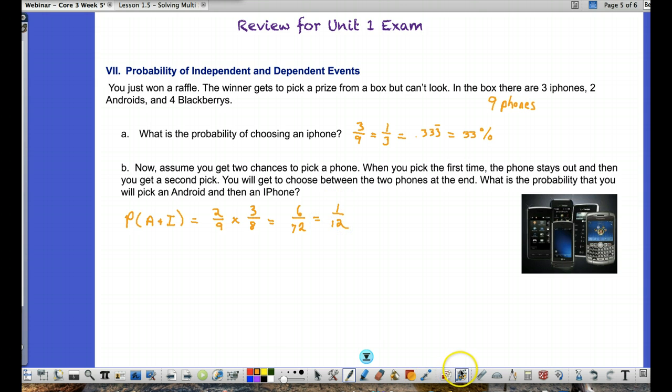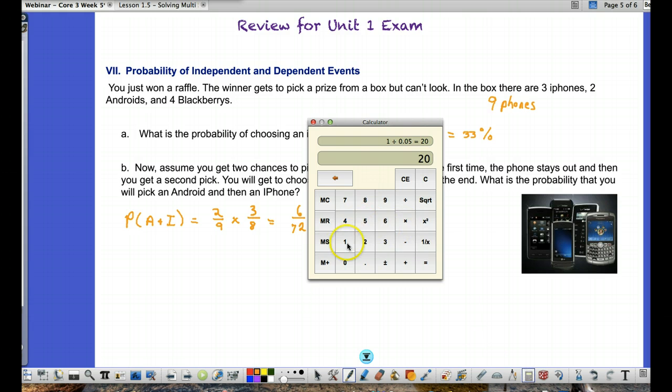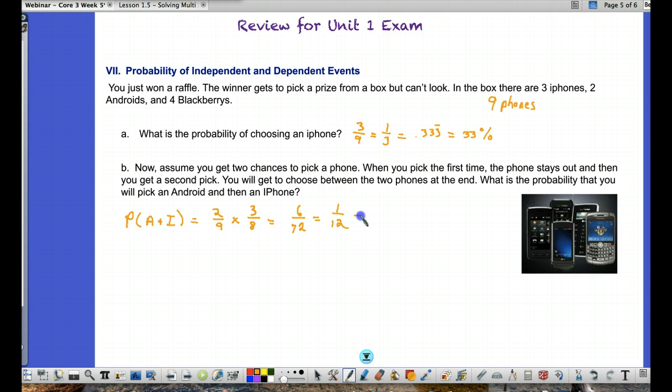Then we can change that to a percent. We can pull out our calculator and say 1 divided by 12, which is 0.0833333 forever. Then we can round and say that it's 8.3%.